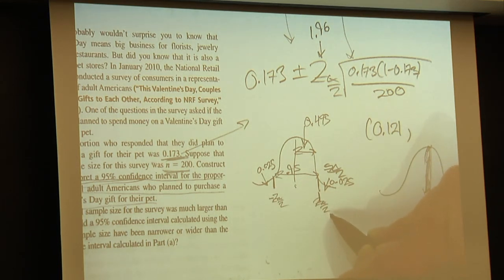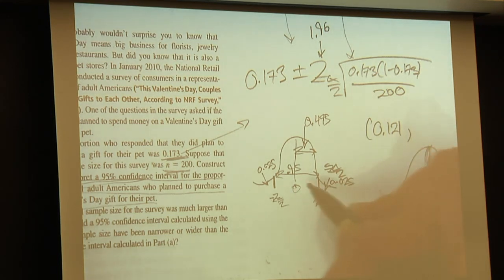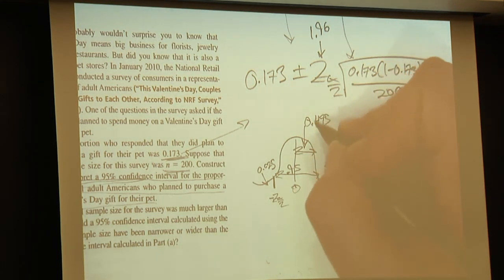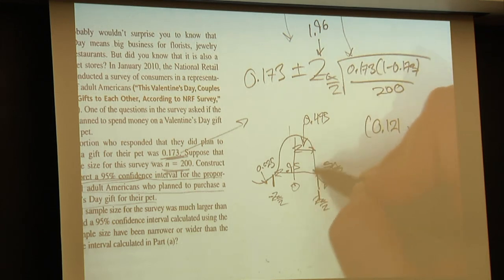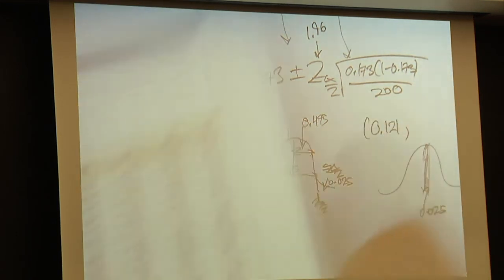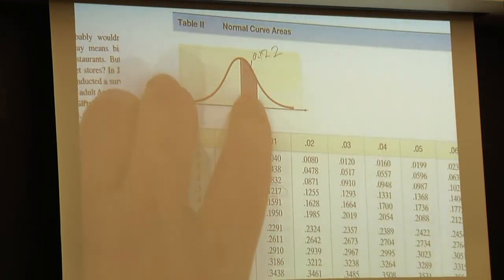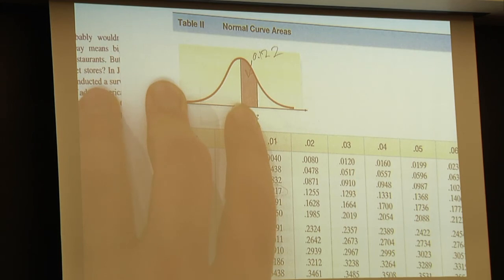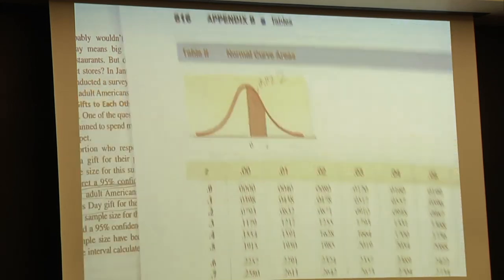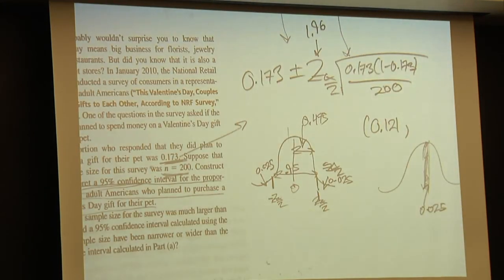And this is due to our table, right? So the area below the z to 0 here is going to be 0.475. That's just half the table minus the 0.025 or the 2.5%. So I need to have 47.5% below me, and that's what our table is going to give us here, because the area the table's looking at is from the z to 0, and in this case 0.475 will fit. Does that make sense? Yeah? Okay. Very good. So that's why we looked for 0.475.